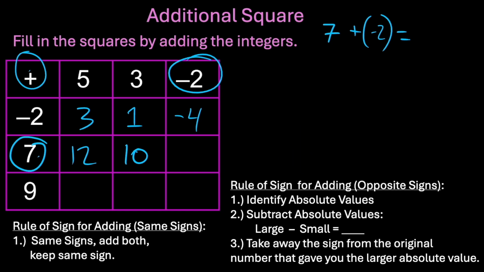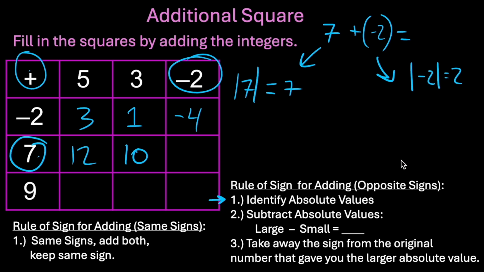The first thing we need to do is identify the absolute values of both numbers. The absolute value of 7 is 7, and the absolute value of -2 is 2.